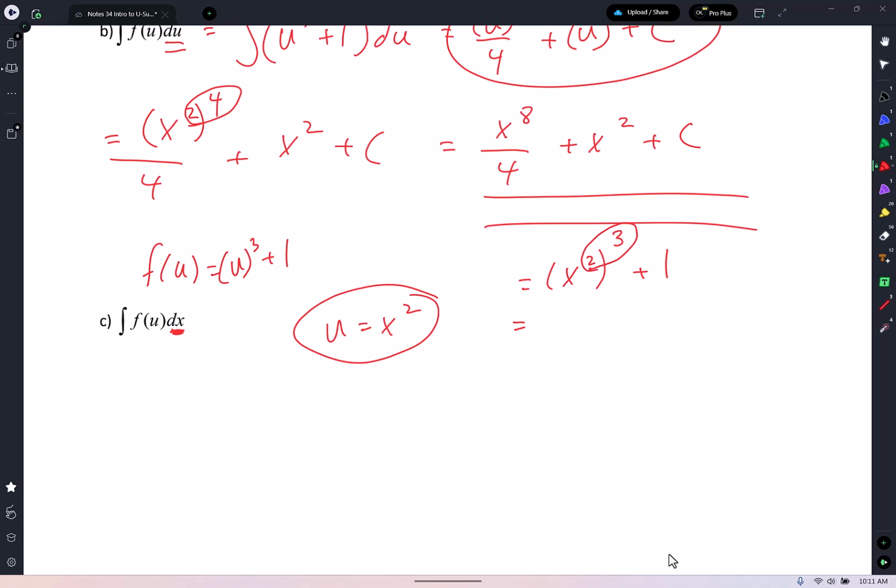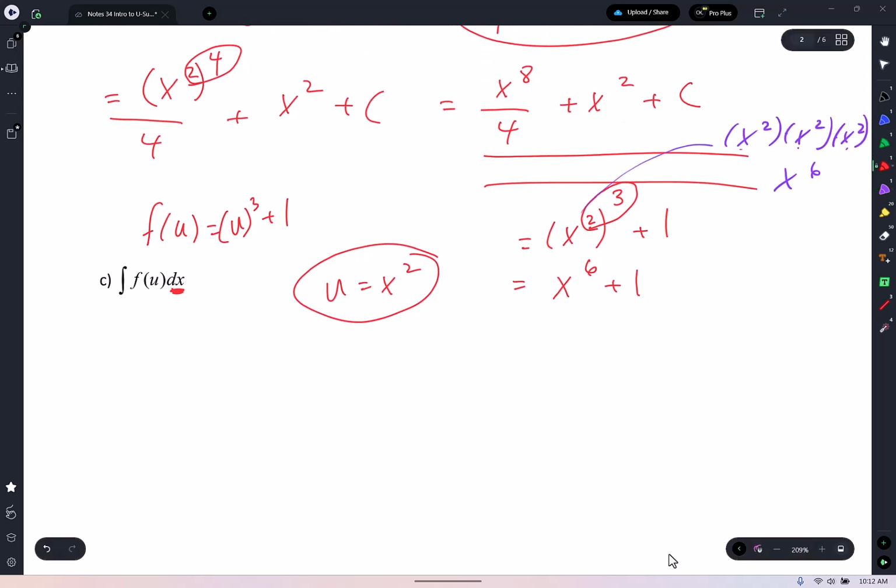So laws of exponents, an exponent raised to an exponent, that's going to be x to the 6 plus 1. In case you don't know why you multiply them, guys, because I know maybe you just don't want to ask, remember that means x squared times x squared times x squared. Oh, look, it's a product. That's x to the 6. In case you don't want to ask and you are wondering. All right, so here we go.